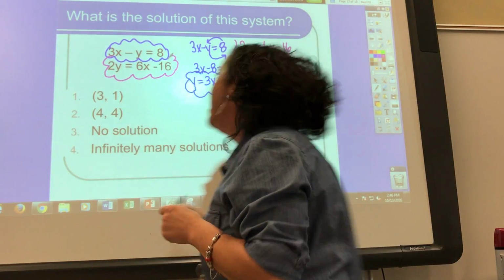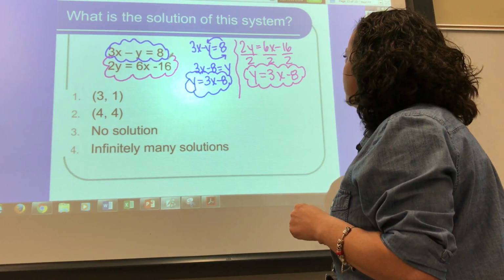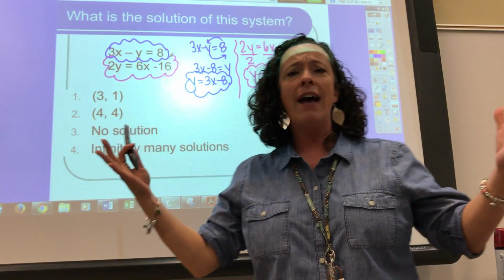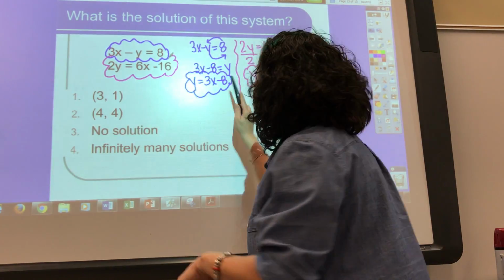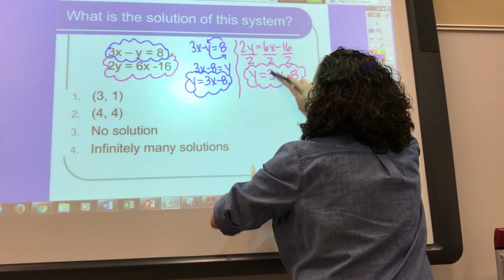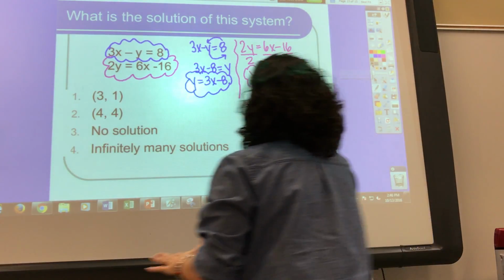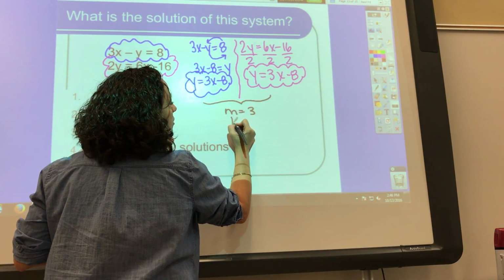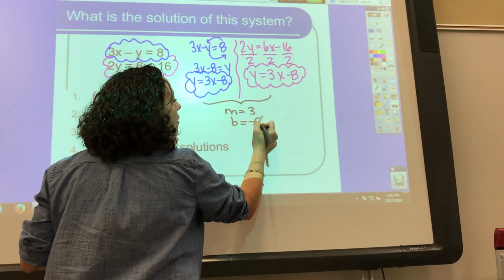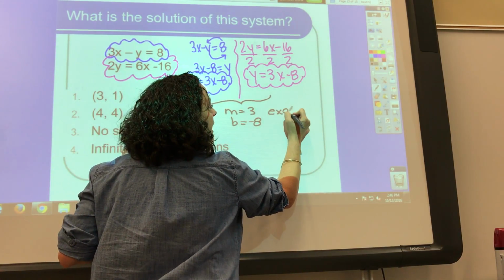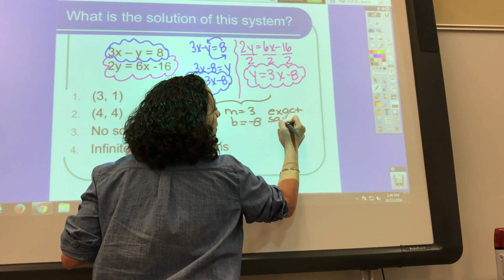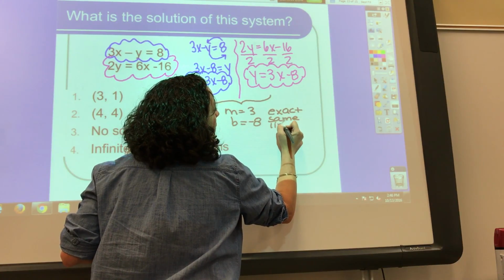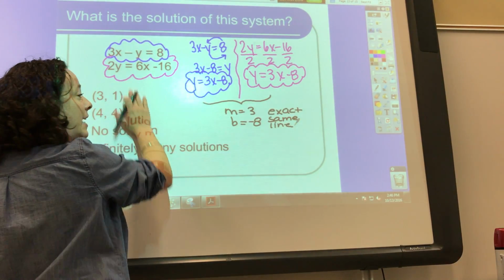There we go. Now, let's graph. Look at those. I don't even have to graph it. Are they the same? They're exactly the same. On both of these, what's the slope on both? It's 3. What's the y-intercept on both? It's -8. They are the exact same line. They didn't look like it at the beginning, but they are.